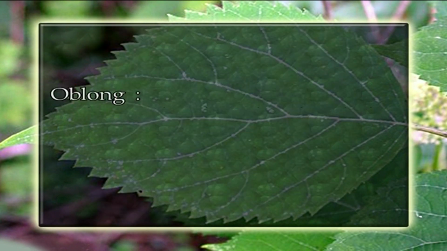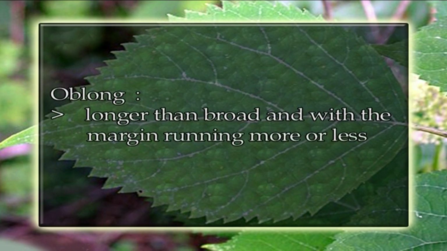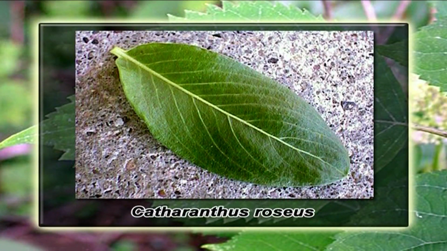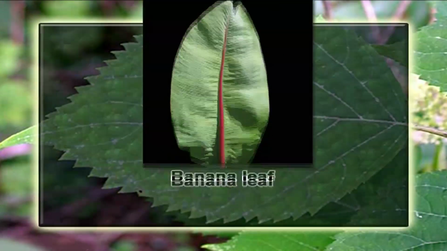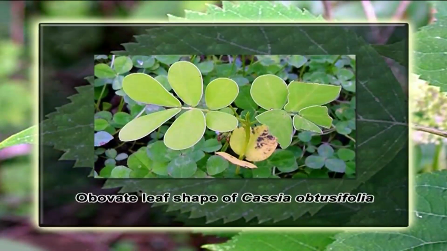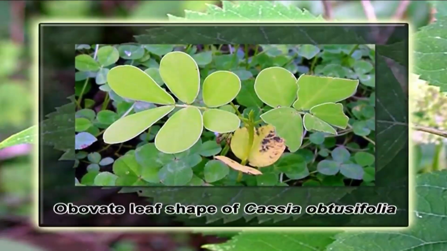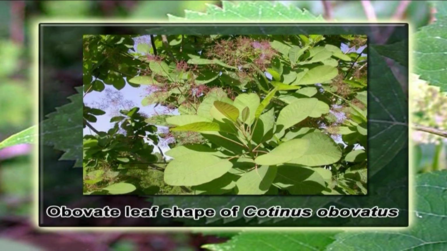Then oblong, longer than broad and with the margin running more or less parallel up to its length, for example, Catharanthus roseus, banana. Obovate, reverse of ovate, the apical half broader than the basal, for example, Acacia obtusifolia leaflet, Cotinus obovatus.